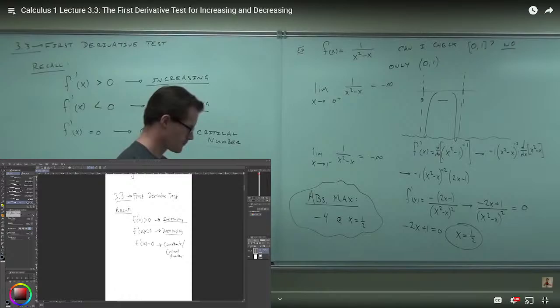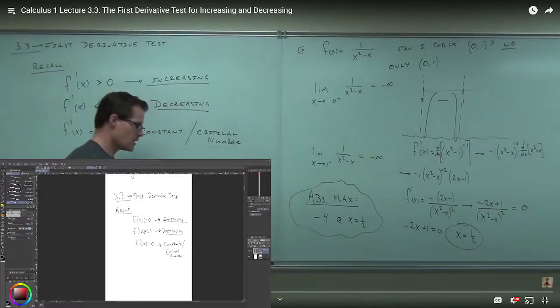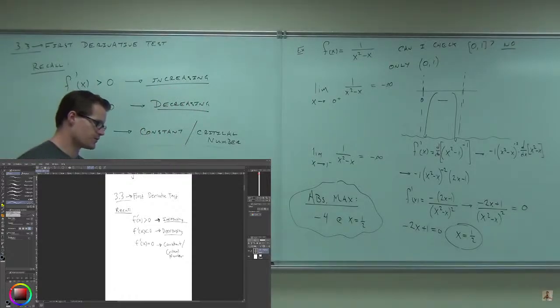Oh, it's where the rate of change of the slope changes. So like when it goes from increasing to decreasing, or from decreasing to increasing, that's it. Yep, I remember.